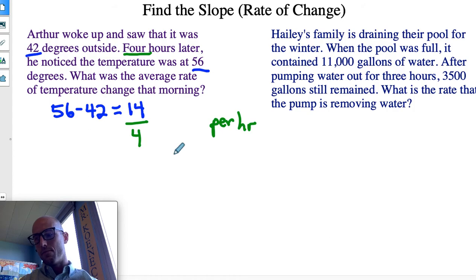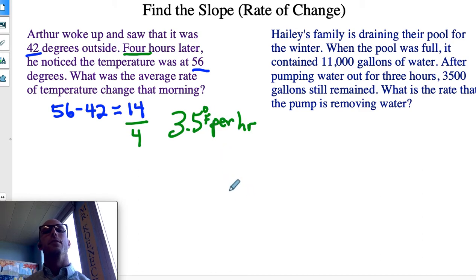You can use your calculator too. 14 divided by 4, put that on your calculator, we get 3.5. So 3.5 degrees, I'll put the little degree symbol there. Degrees Fahrenheit. People who are really picky would probably want me to do that.